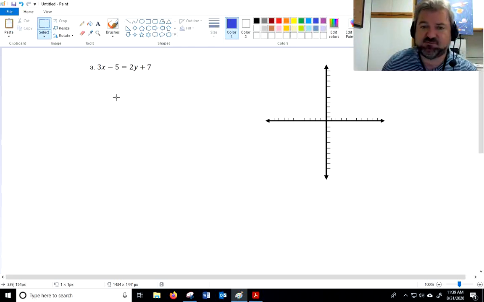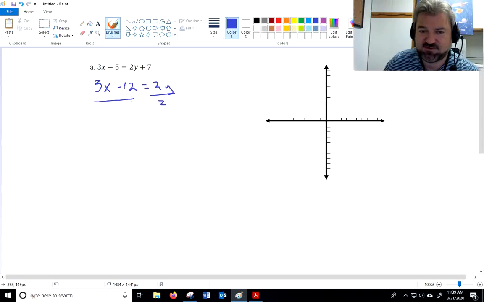So I look at this form and I think, okay, this is fairly close to slope-intercept form. So that's what I'm going to do. I'm going to subtract 7 from each side. And then I'm going to divide both sides by 2. And I have to divide each one of these. So I get 3 over 2x minus 6.